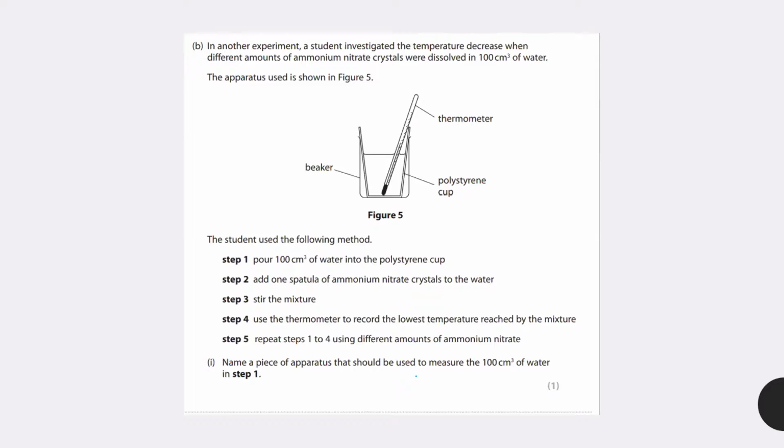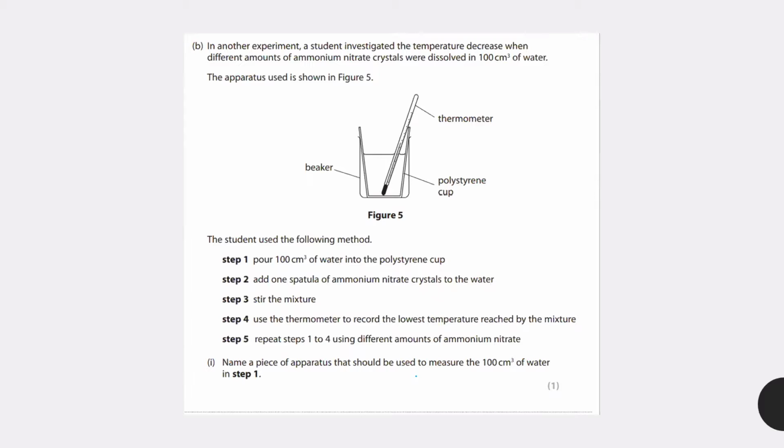Step 3, stir the mixture. Step 4, use the thermometer to record the lowest temperature reached by the mixture. This is a clue, isn't it? It's an endothermic reaction. Step 5, repeat steps 1 to 4 using different amounts of ammonium nitrate. So the variable there is that they're going to use different amounts.